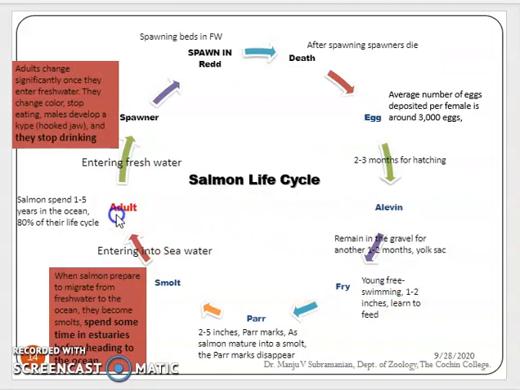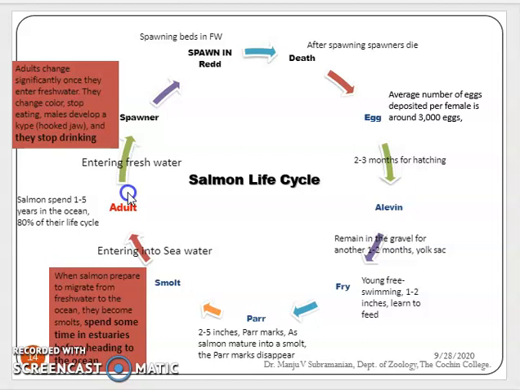And this is a life cycle showing the movement of salmon. So adult salmon, after spending 1 to 5 years in the ocean, that means 80% of the life cycle in the ocean, enter into the freshwater for spawning. At this time, certain changes occur in the adult. The adult changes significantly to adjust to life in freshwater, and they change color.